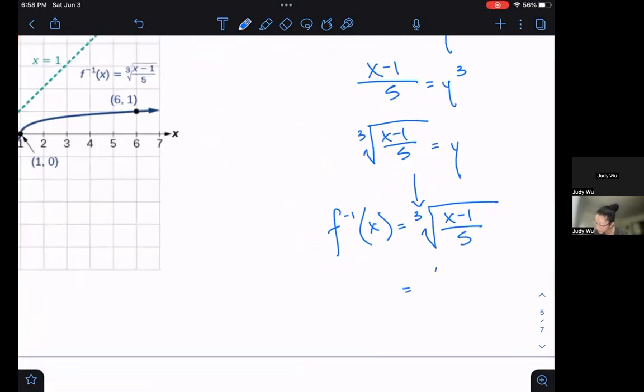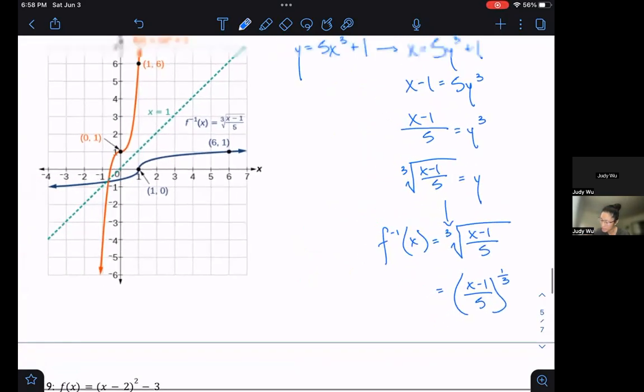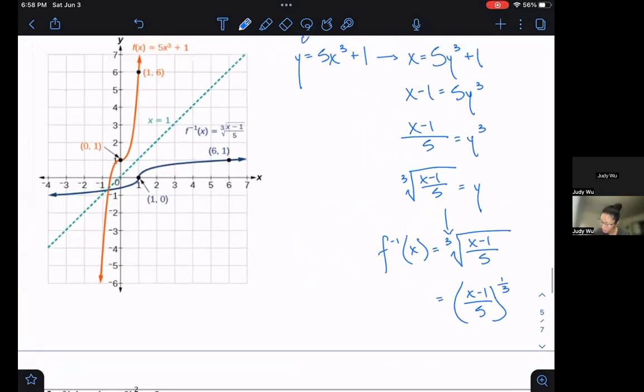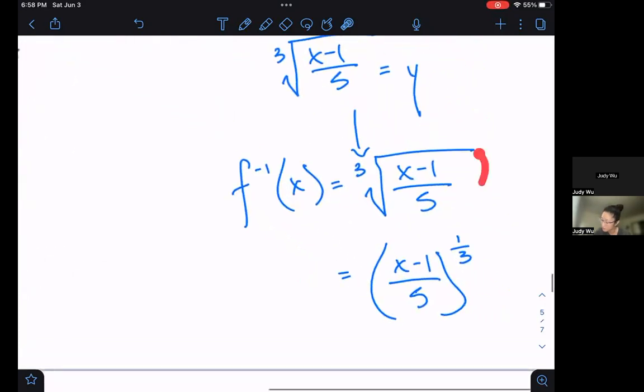And you might see this as x minus 1 over 5 to the 1/3 power later on in the class, okay? Now let's look at this domain though. According to the picture, the domain of this blue function is everything, all real numbers. But how could we tell from here? Okay, one good clue is we have not an even power, but an odd root. We have an odd root here.